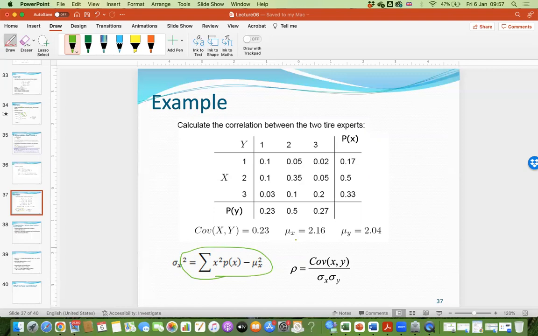Find the mean of x, find the mean of y, and then find the covariance. Then you put it in the equation here, and then you can get the correlation coefficient. Don't panic.